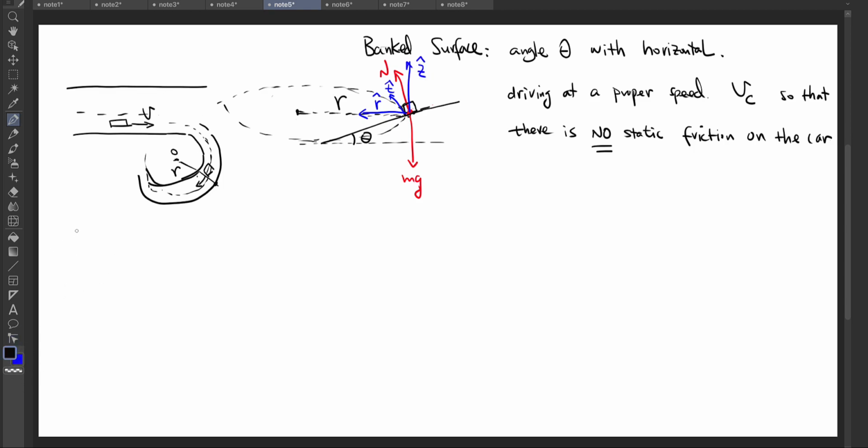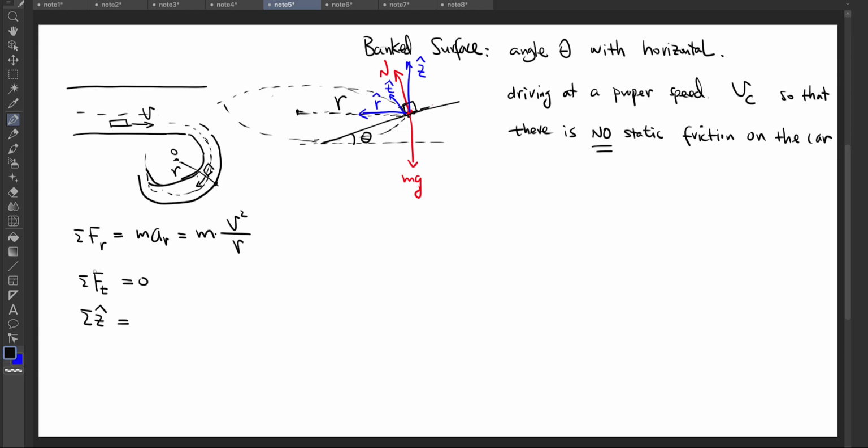So we can write down sigma F_r in this direction, we get m a_r, which is m v squared over r. And along the t hat direction, there's nothing. Along the z hat direction, we have the normal force and then the gravity.